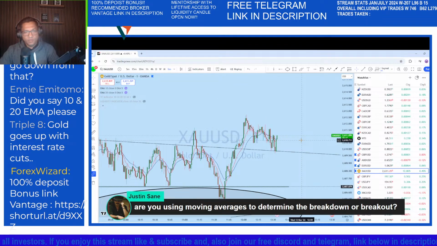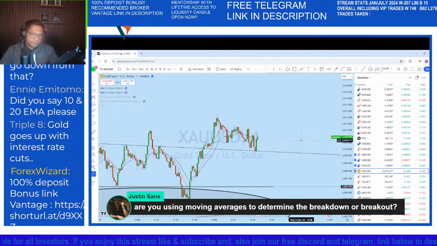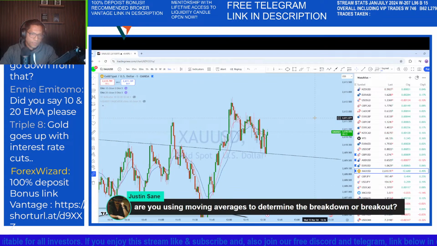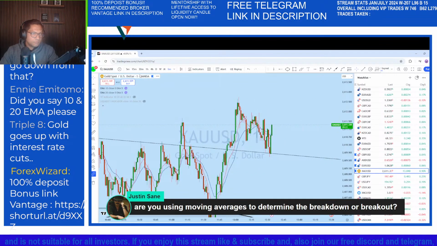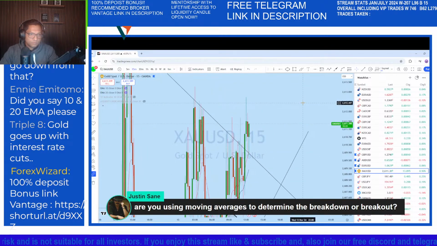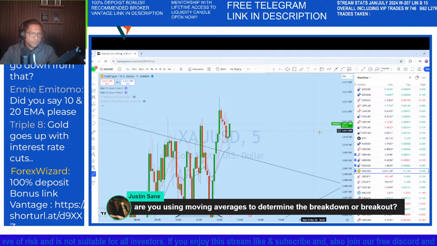Okay, this is a very interesting structure being formed here. I'll be waiting for further confirmation.